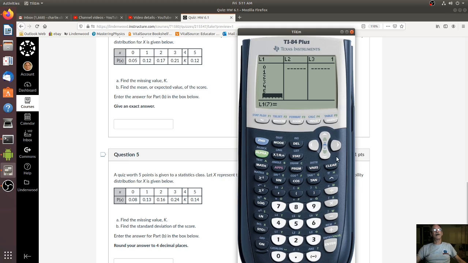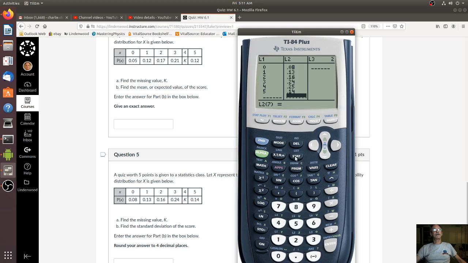And then go over to L2 and put in the probabilities, 0.08, 0.13, 0.16, and 0.24. And what did I get? 0.25 for k, and then 0.14. I think I got them all in there right.